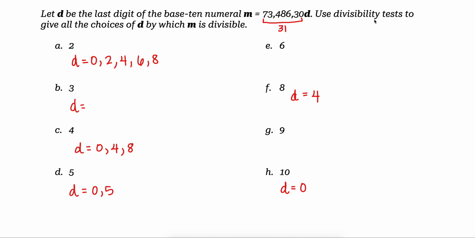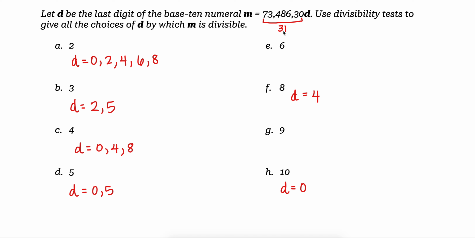If D is equal to 2, we have 31 plus 2, which is 33. 33 is divisible by 3, so D could equal 2. And we'll keep going. If D is 3, we have 31 plus 3 or 34. That's no good. If D is 4, we have 31 plus 4 or 35. Again, that doesn't work. If D is 5, we're going to have a winner. 31 plus 5 is 36, and 36 is divisible by 3.